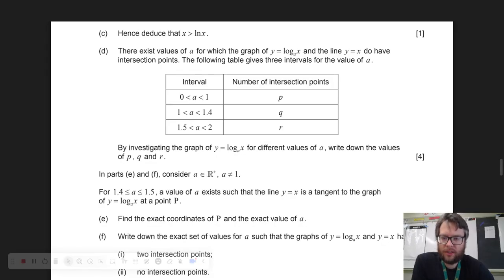Between 1 and 1.4, let's try 1.2. And then another one between 1.5 and 2.